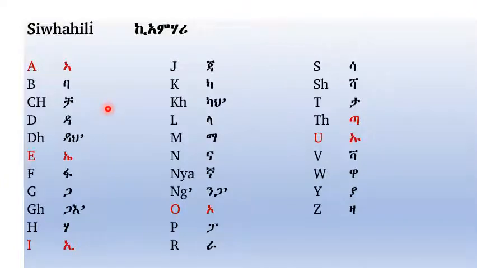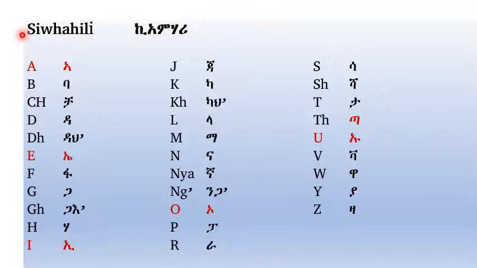Okay, now since we have finished all the alphabets, let's see how to write all the Swahili alphabets in Amharic letters. To the right is Amharic, Ki Amharic, and to the left Swahili, Ki Swahili.